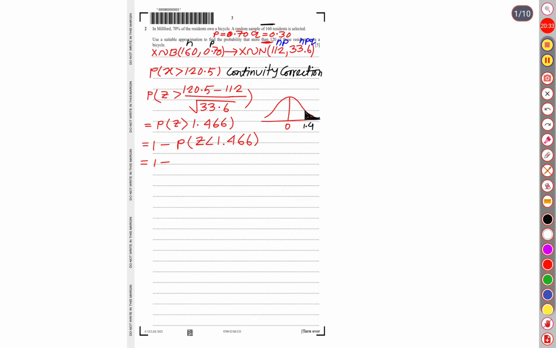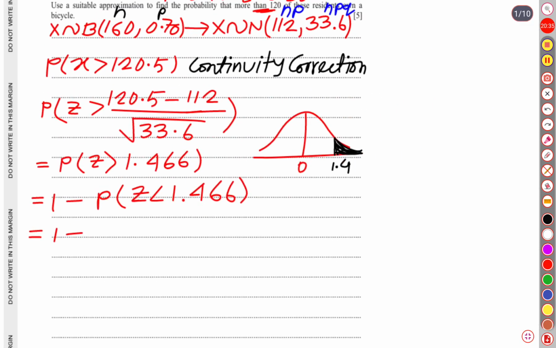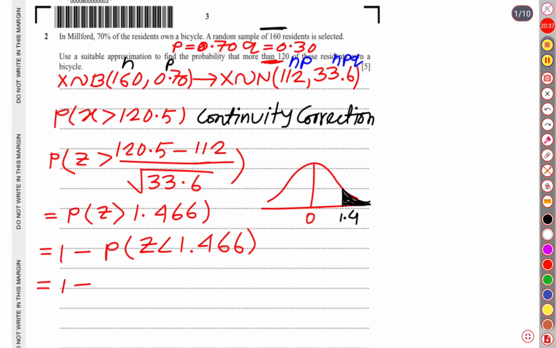Our greater part, as we have seen, is 0.9287. Now if we subtract this greater part, the red part, from the whole probability, from 1, we will get our tiny dark part.